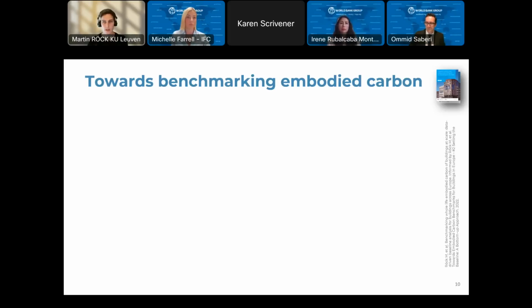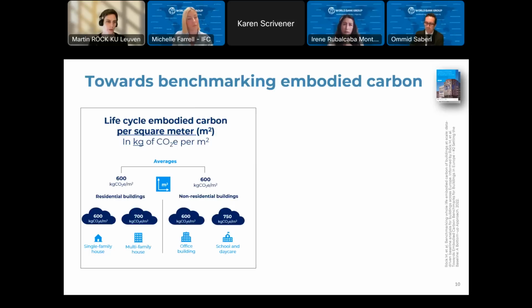One study that Karen Scrivener already briefly showed was a study where we again collected data on the embodied carbon and the whole life carbon of buildings across Europe to get an understanding of what kind of benchmarks we could develop for different building types in different European countries. And one perspective is particularly important here.